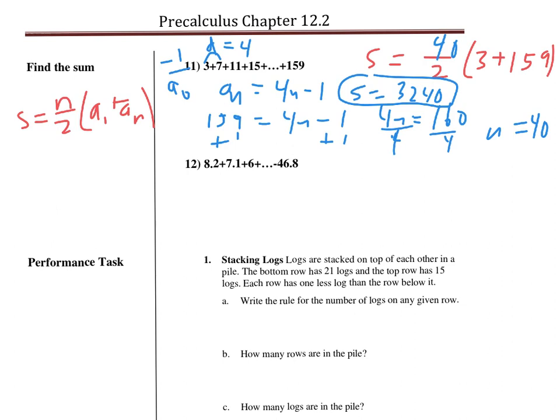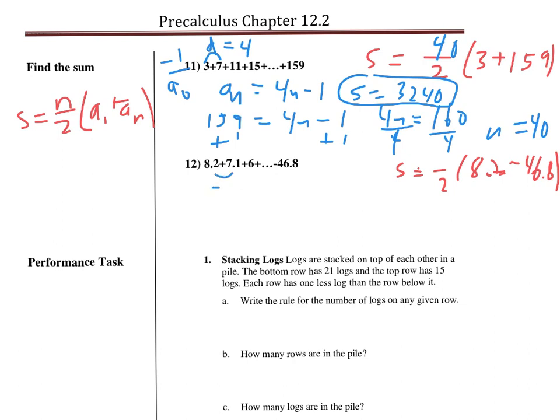All right, so same idea on this one. We already know that our first term is 8.2, and our last term is negative 46.8, so I'm just going to put minus 46.8. But we need to know what n is, so I'm going to have to write my formula.